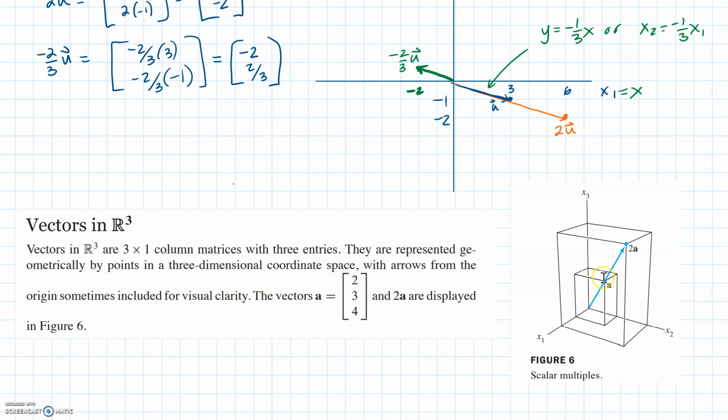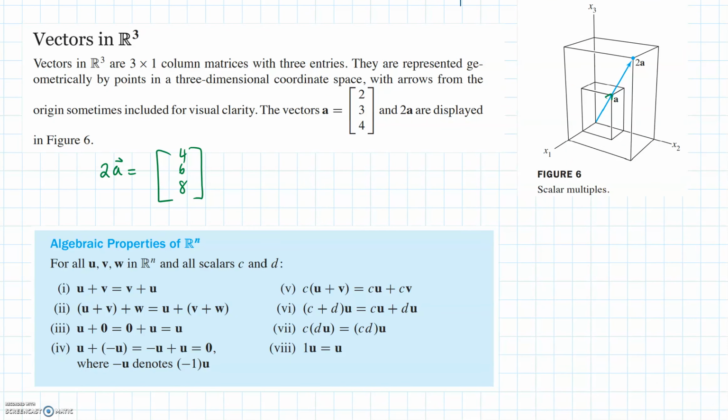So here they have a vector a, (2, 3, 4). The vector a and vector 2a are displayed in figure 6 here. So 2 times it would be stretched through, and we can see here that 2a is going to be (4, 6, 8).